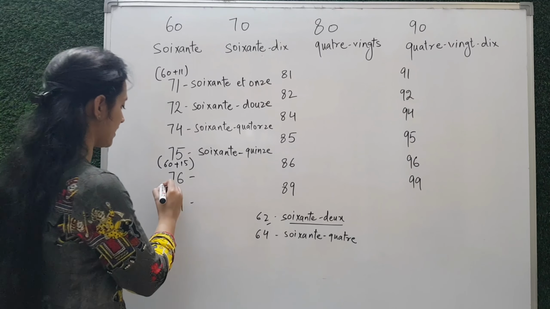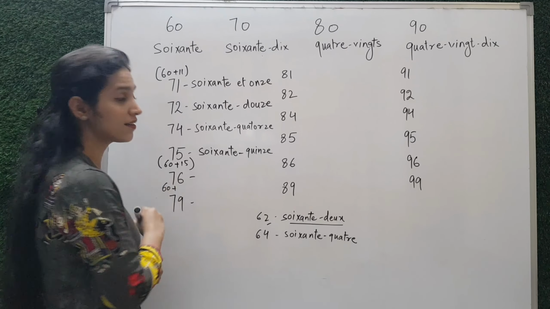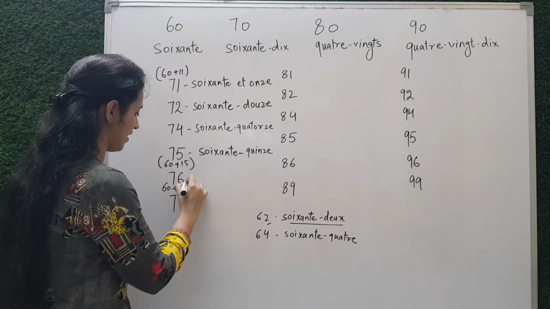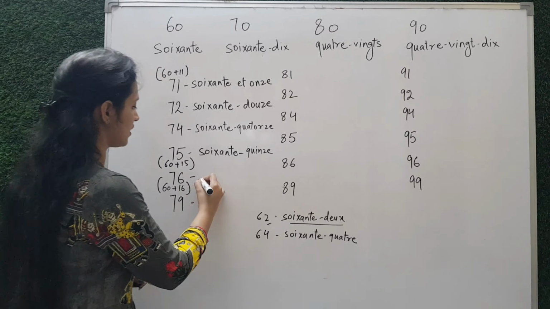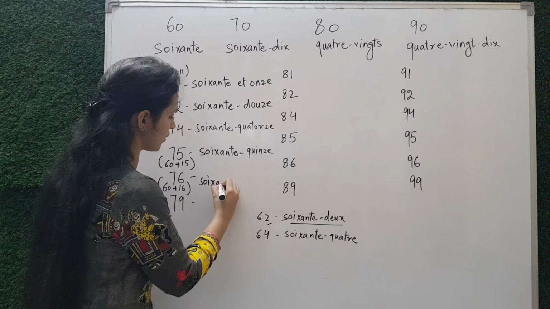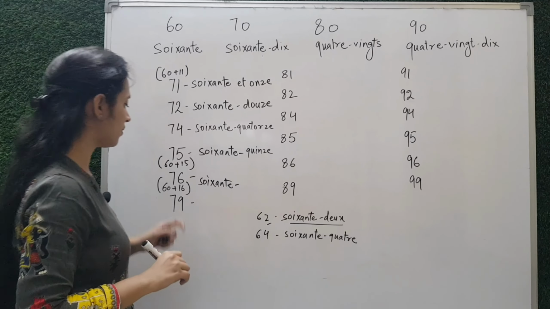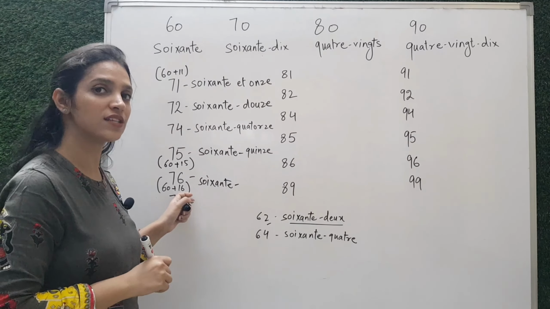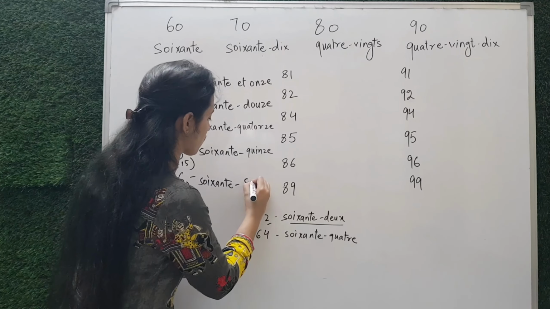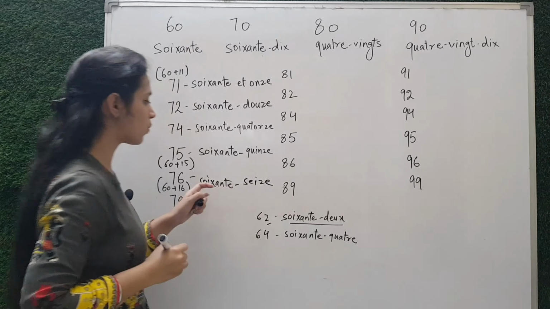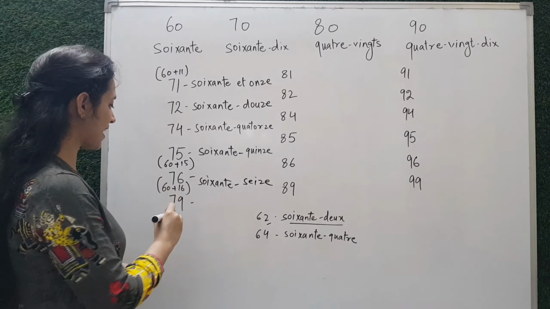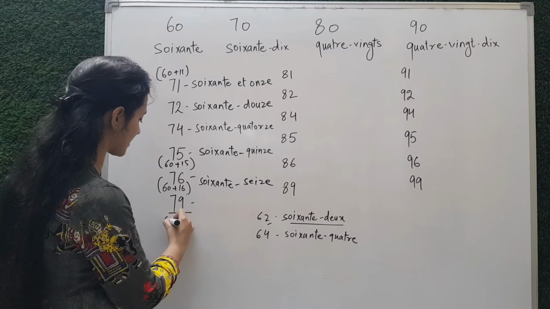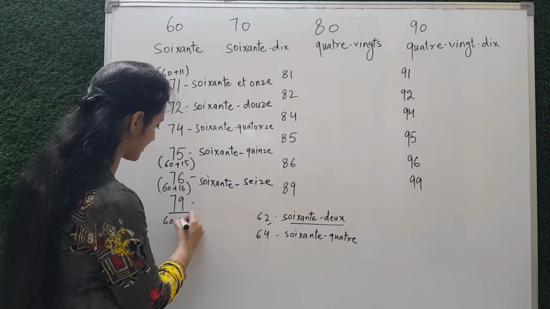Next is 76. So this would be 60 plus 16. So this would be soixante. 60 is soixante. And here we will write 16. What is 16 in French? Seize. Soixante-seize. Next is 79, which would be 60 plus 19.